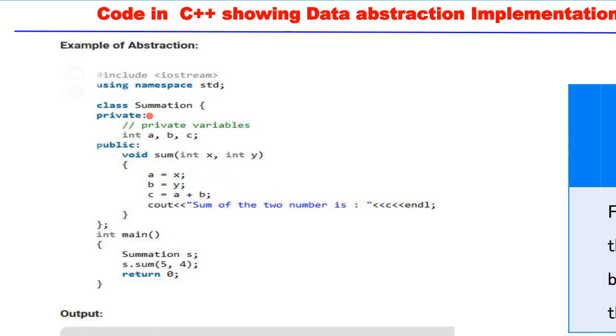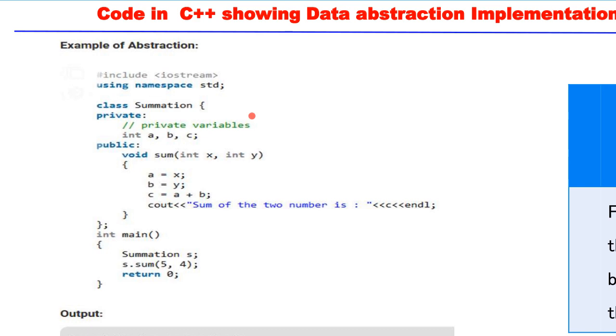Now, we have our first header file, iostream. We have our library, using namespace std. Then we decide to have a class called summation. Then we open the body of the class. Then we declare our private members.